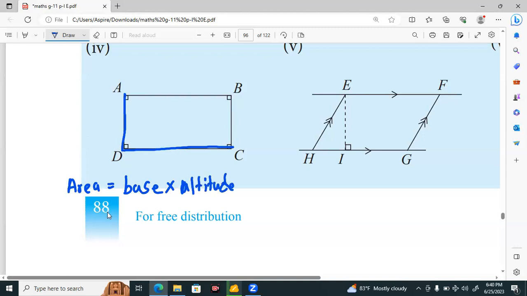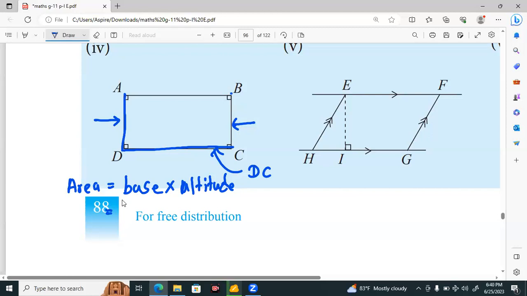Then if you consider the base as CD or DC, its perpendicular height is AD or BC. If you consider the base as AB, then also altitude is AD or BC. Since the angles are 90 degrees, we can take it as a rectangle.